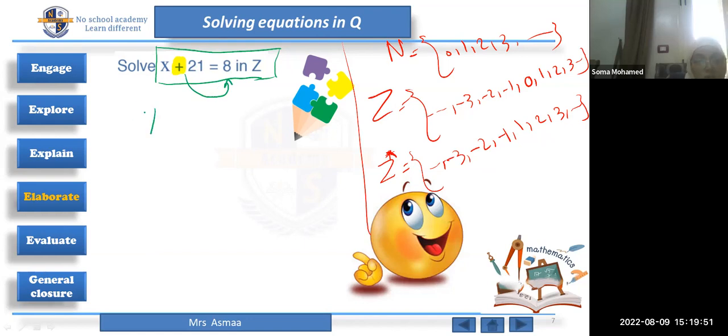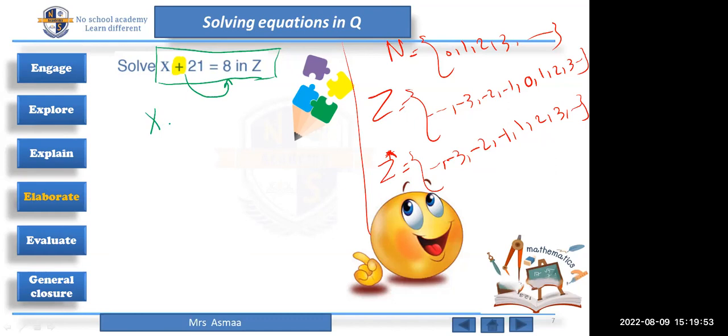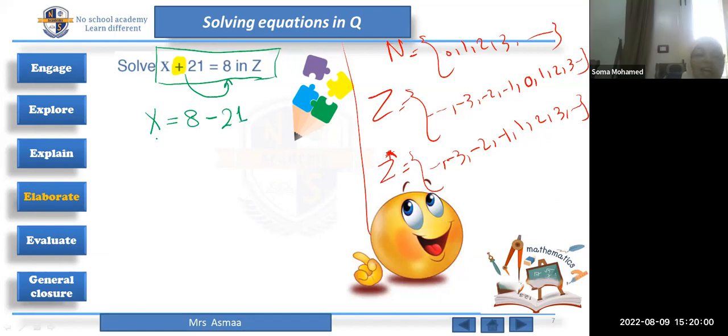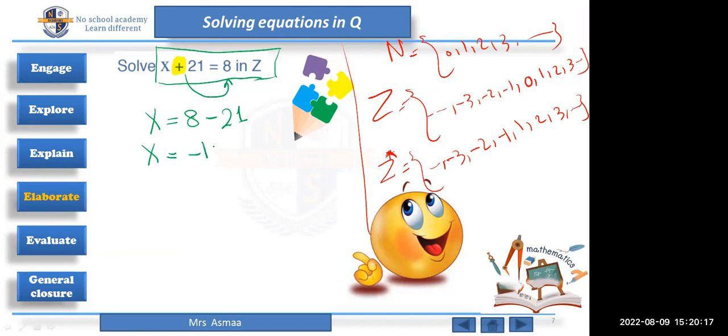So x equals 8 minus 21. If I write it in the calculator, x equals what? Continue, Jana, please. It is negative 13.